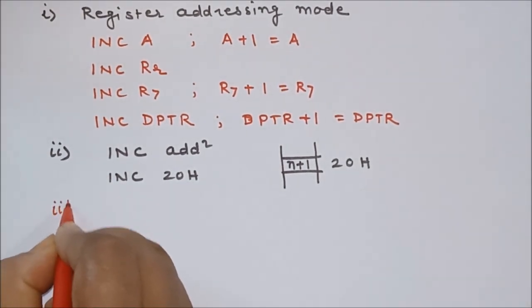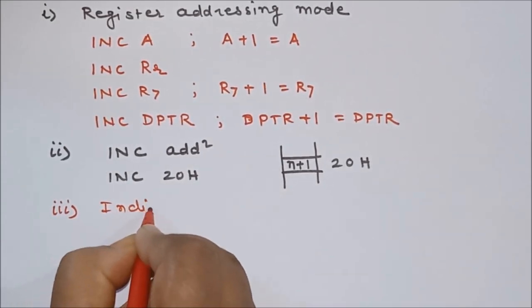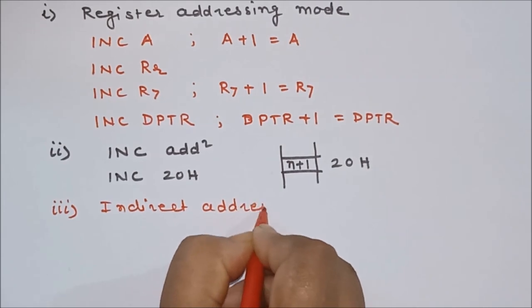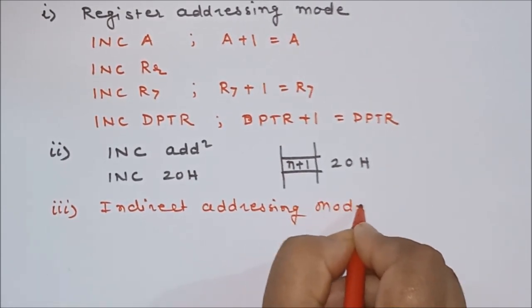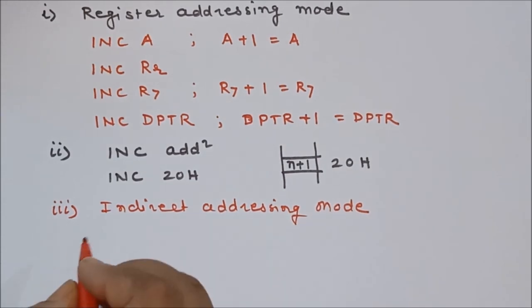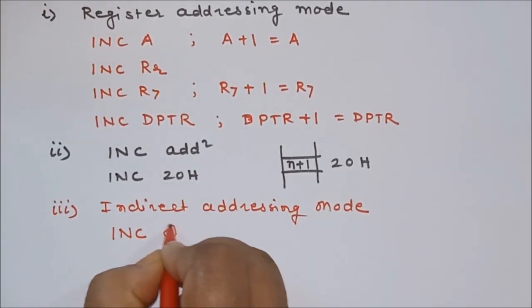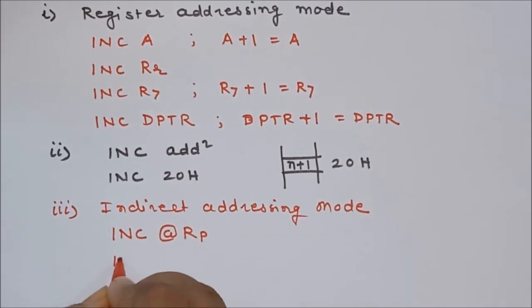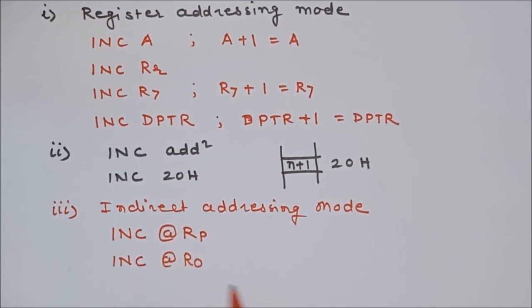Then the third addressing mode is indirect addressing mode. In indirect addressing mode, as we know, we can use the pointer register, that is R0 or R1. For example, we can write INC @R0.